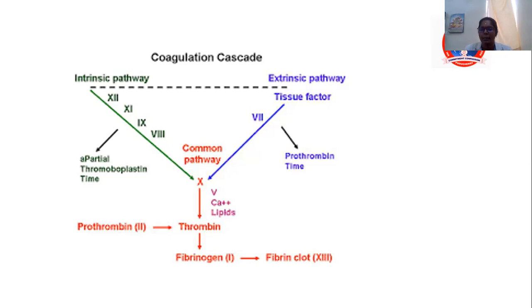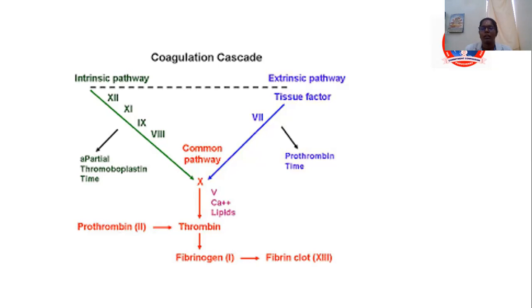That is the extrinsic pathway. In the intrinsic pathway, factor 12 activates factor 11, factor 9, and factor 8, and then it will activate factor 10. These are all intrinsic pathway factors.